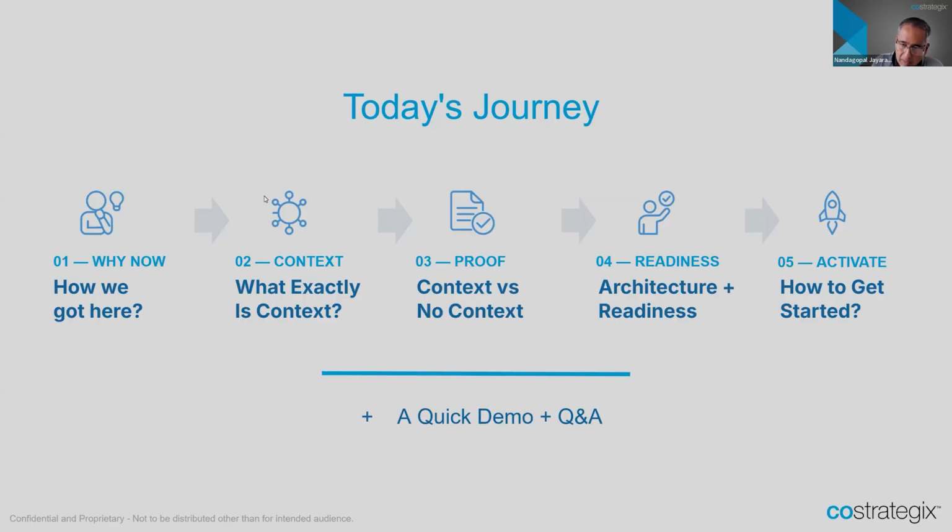We'll take a look at that and then look at what an architecture footprint might look like, what the readiness looks like, and what's a good place to get started with this. Is it another platform I have to buy, or what is it exactly, and how do I go about it? And then we'll have some time for Q&A at the end and conclude the journey at that point.